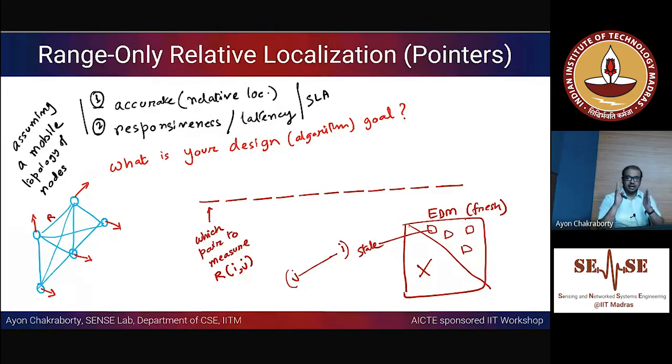So now your thinking should not be just related to the entire EDM, because the EDM is out of control. You cannot get an entire snapshot of the EDM that is correct at any instant in time. What you can do is try a best effort. What is the best effort? Given the number of ranges that you can perform per unit time, you can only do, let's say, k measurements.